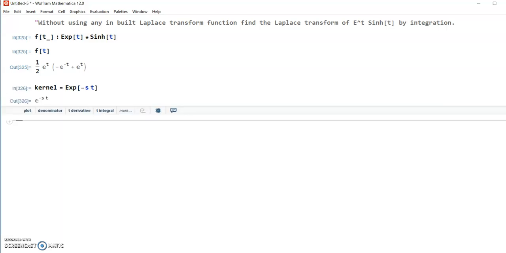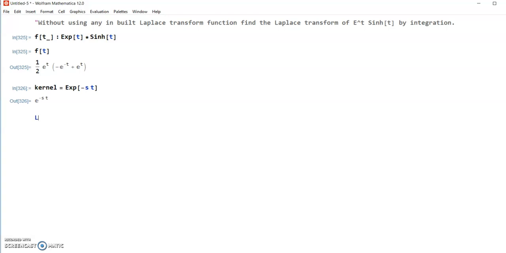Okay, so it will be e power minus st, and the Laplace of this function of t will be then equal to integrate the function. Function is now kernel times f of t.